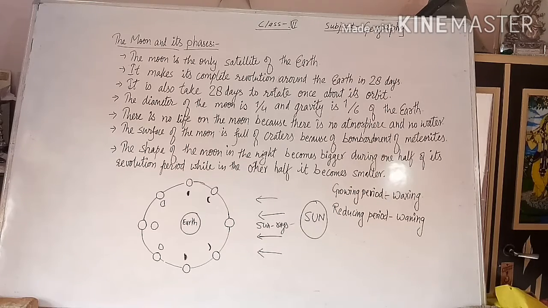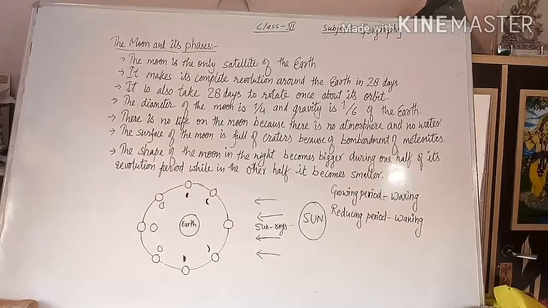In the previous classes, we discussed the solar system, all the planets, comets, satellites, meteorites, asteroids, stars, and our planet Earth. So, in today's class, we will discuss the only natural satellite we have.